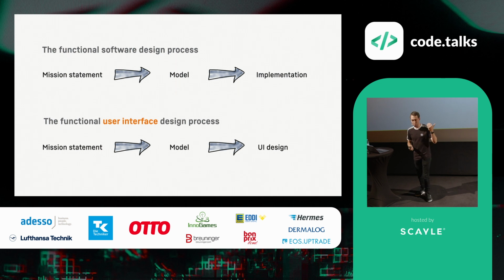I'm calling it the functional user interface design process, or the title says the type-driven user interface design process, where we take a mission statement and produce this model first, which is the communication tool number one in functional programming. All of the stakeholders can agree or disagree based on this one model, and only then produce a UI design from that. And we'll see shortly how that works.